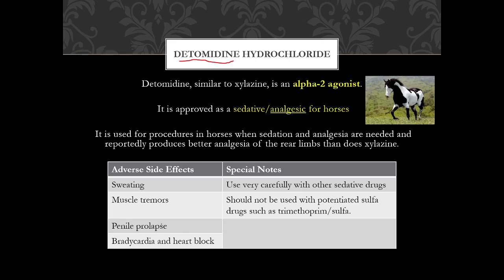It can cause sweating, muscle tremors, penile prolapse, and bradycardia or heart block. We want to use it very carefully with other sedative drugs, and it should not be used with potentiated sulfa drugs. This is an antibiotic, or trimethoprim sulfa. These are antibiotics that we do use frequently in horses, so we have to be careful about that.